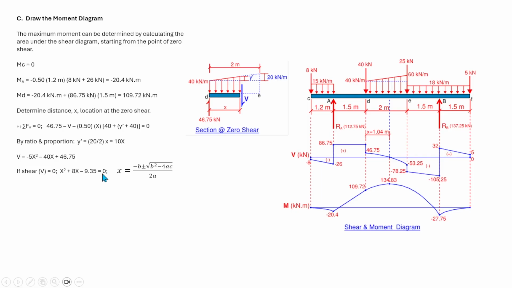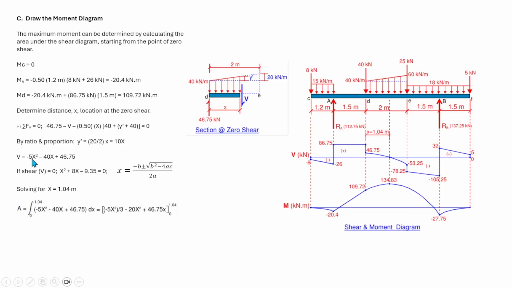So if we equate that equal to 0, we have a quadratic equation, which is x squared plus 8x minus 9.35 equal to 0, which gives x equal to 1.04 meter. So this is how we come up with this value, 1.04 meter here. Now, to calculate the area from point D to x equal to 1.04 meter, we need to integrate.